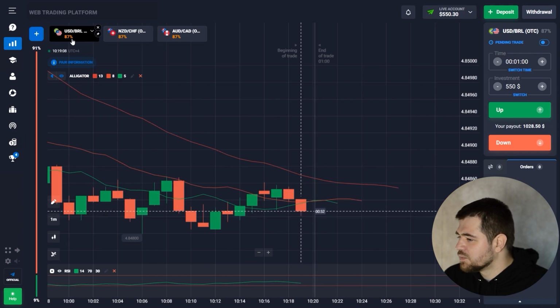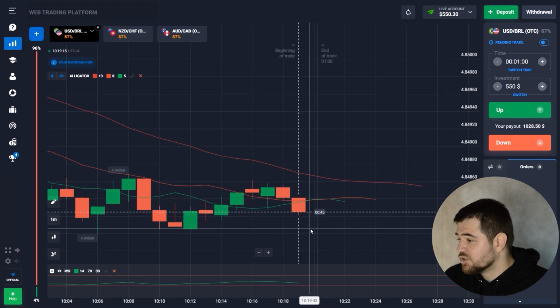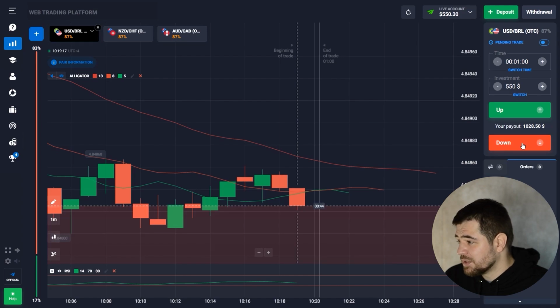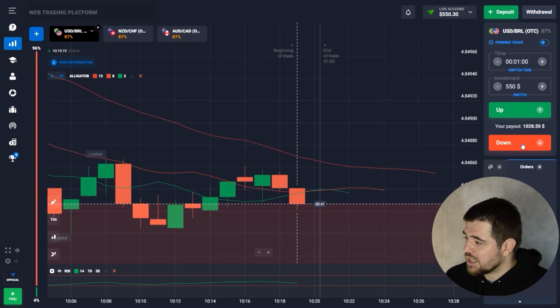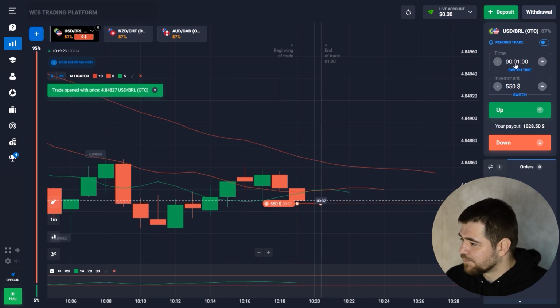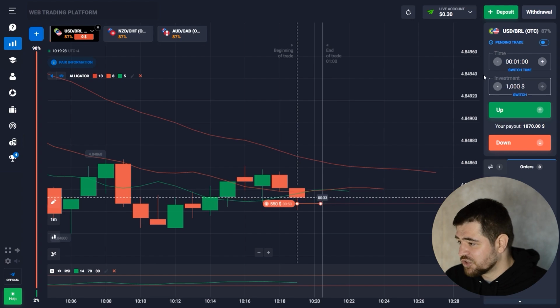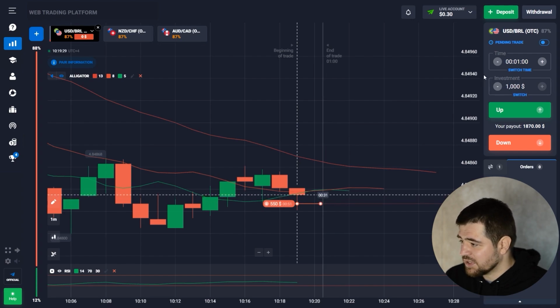Okay, so what do we have? We're in a downtrend, so maybe this time let's just trust the trend, the graph. The indicator and oscillator are both showing the prices dropping at this moment.